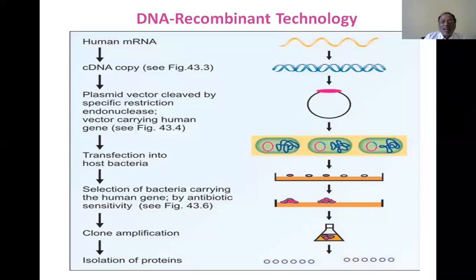So now, after DNA recombinant technology has come out, we are able to produce insulin and growth hormone, and we are producing them in a very highly purified manner. When we extract from organs like the pancreas or pituitary, we are mincing them, crushing them. While doing so, we also get a lot of contamination with that particular animal's proteins.